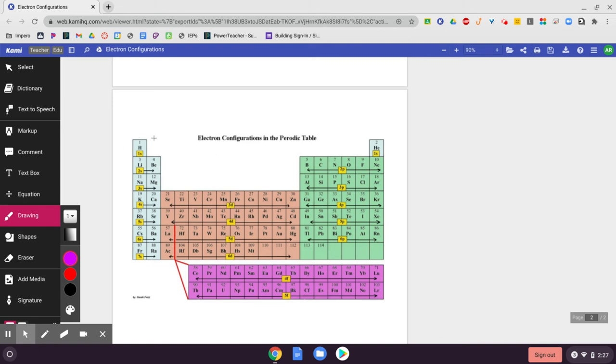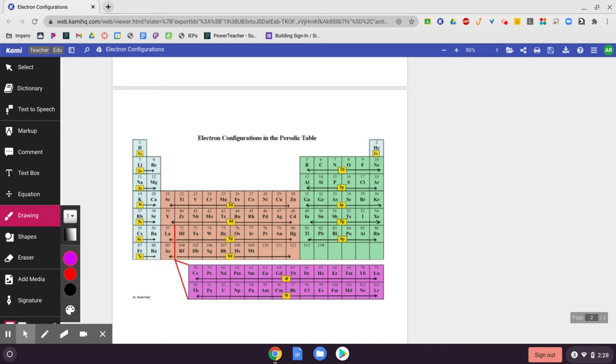So there are 2 columns or groups in S block because S orbitals can hold a maximum of 2. There are 10 columns or groups in D block because a D orbital can hold a maximum of 10 electrons. There are 6 columns or groups in P block because a p orbital can hold a maximum of 6 electrons. And there are 14 columns or groups in F block because an F orbital can hold a maximum of 14 electrons.